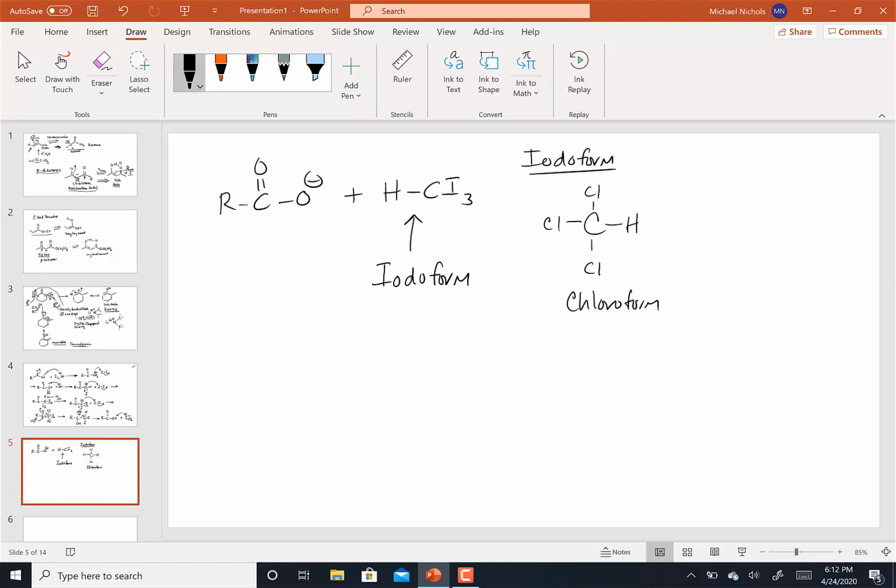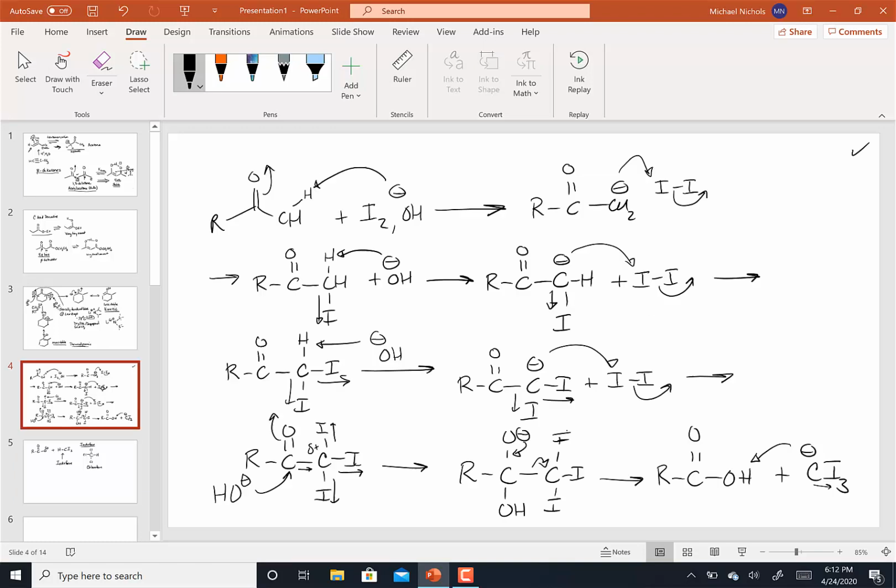And the visual test that we used to have to do if we were determining the structure of an unknown, prior to a lot of spectroscopy, is if we thought we had a methyl ketone, we would add to that methyl ketone a mixture of iodine and base.